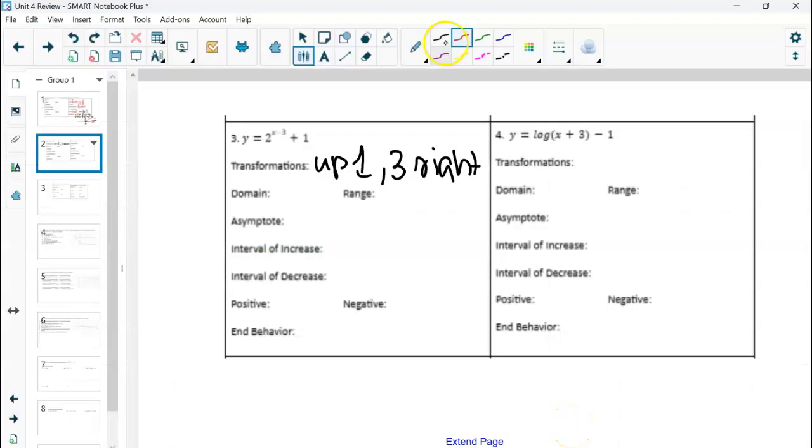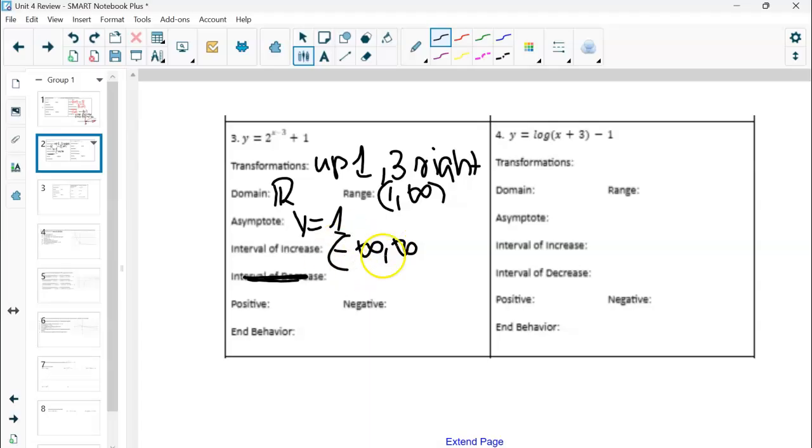So again, here, transformations we already talked about. Domain was all real numbers. Range was from your asymptote, which was 1, up to positive infinity, open parentheses. Asymptote was at y equals 1. Increase, no decrease, was negative infinity to positive infinity, because again, it's an exponential function, it moves freely.